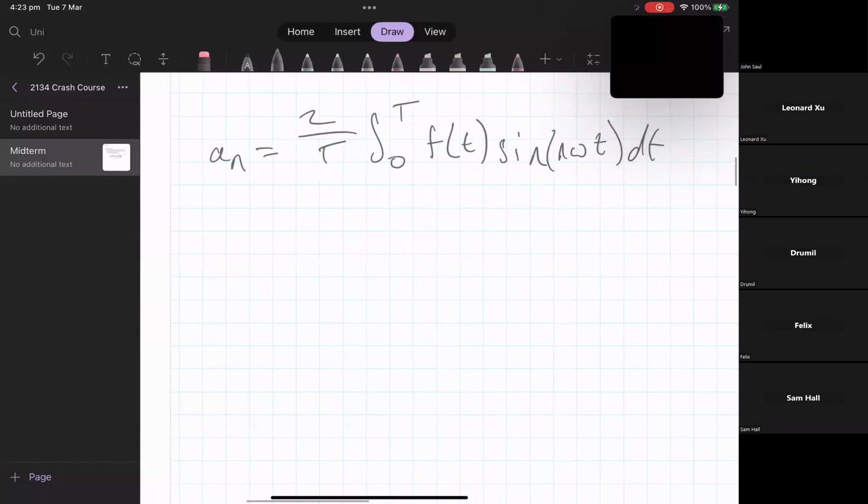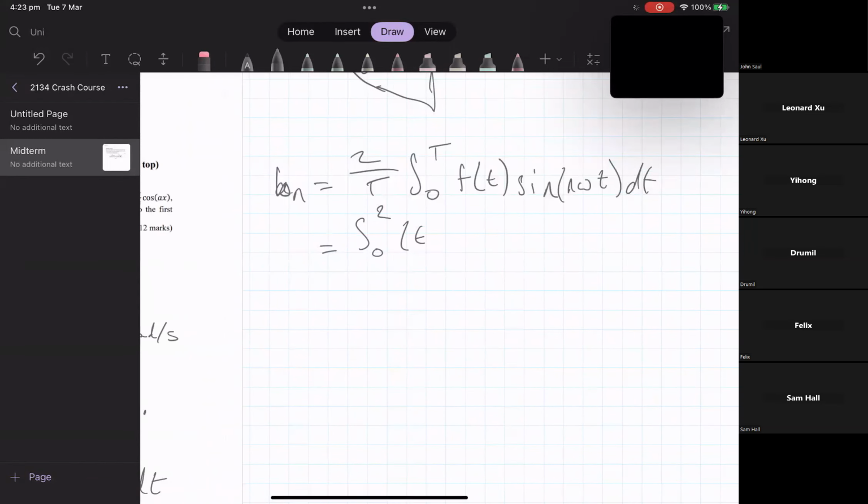So simply subbing in our values, we get the integral from 0 to 2. Sorry, yes, I am doing Bn. And we already determined that an is 0 because it is an odd function, so we can quickly cut out that work for us.